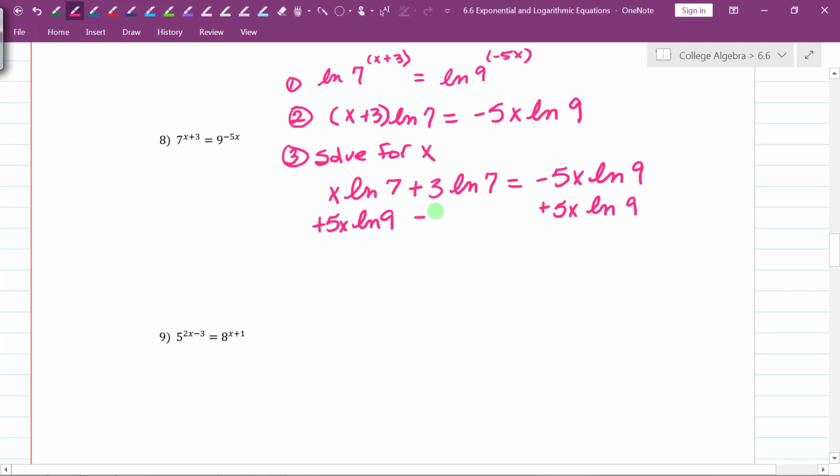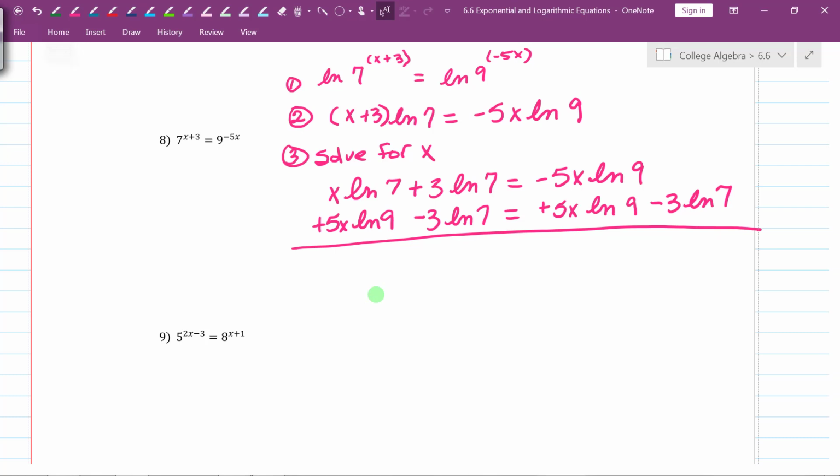I'm going to subtract 3 natural log of 7 from both sides. Now I add straight down. So I have x natural log of 7 plus 5x natural log of 9. This goes to 0, is equal to, this goes to 0, and then minus 3 natural log of 7. So that's x natural log of 7 plus 5x natural log of 9 is equal to negative 3 natural log of 7.